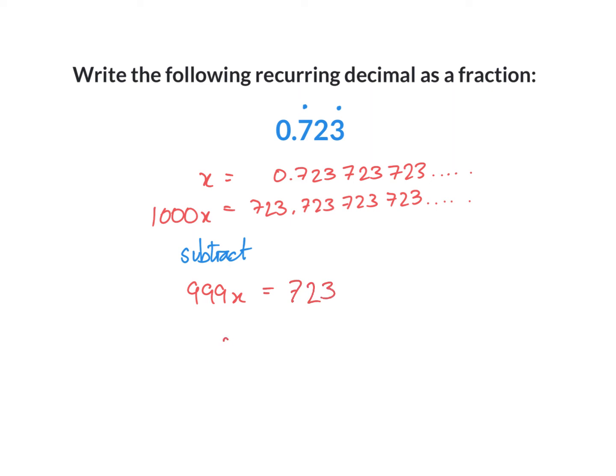And so if 999x is 723, x is 723 divided by 999. And we should, if possible, simplify any fractions. I can see that the top line and the bottom line are both divisible by 3. So it's good form to change that to 241 over 333.